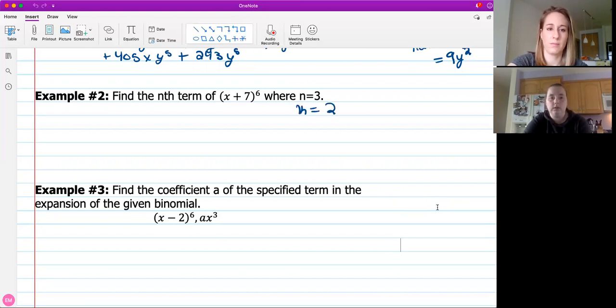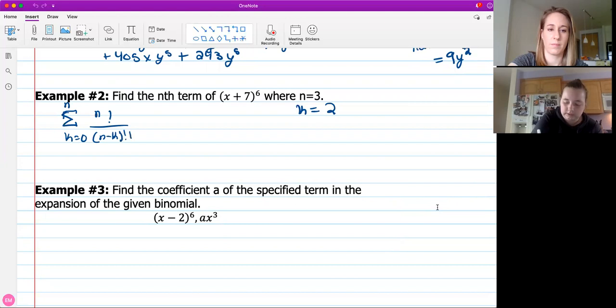Now, to find this piece, I'm going to use the binomial theorem. So remember that we have the summation, and then we have n factorial over (n minus k) factorial times k factorial, and then x to the n minus k.